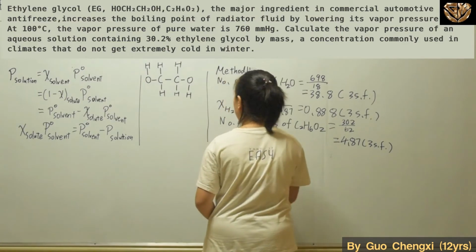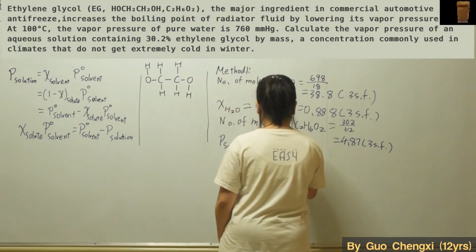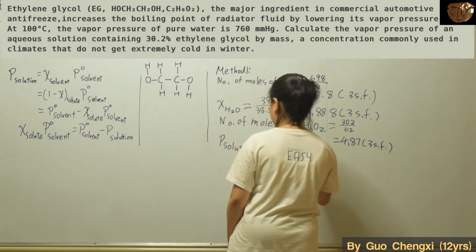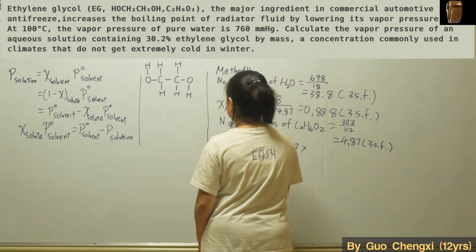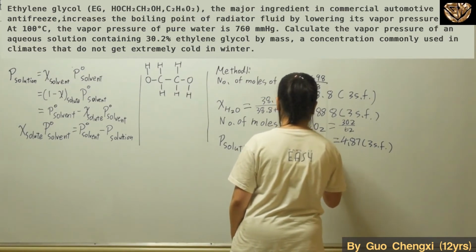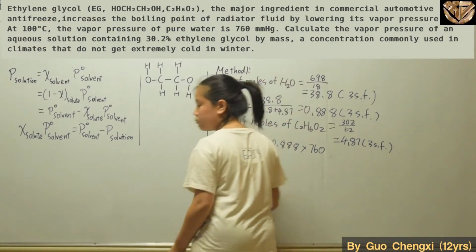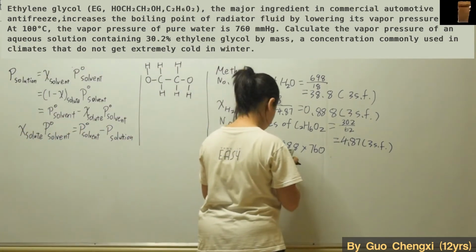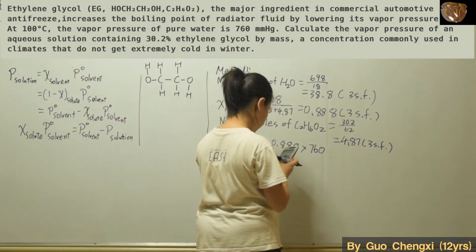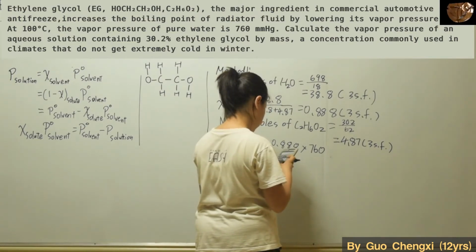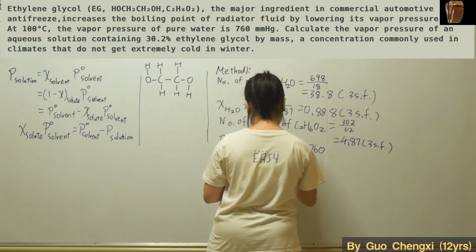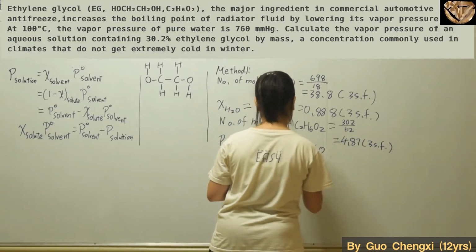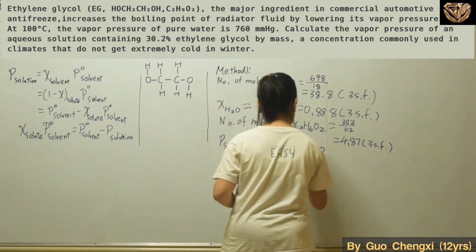So you can see the chi solvent, you have 0.888 times 760. When you multiply these two together, technically it will be 675 since it is 3 significant figures.